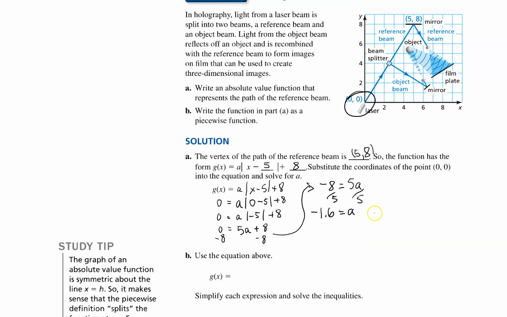So then we can substitute this in, and we get g of x is equal to negative 1.6 times the absolute value of x minus 5 plus 8.